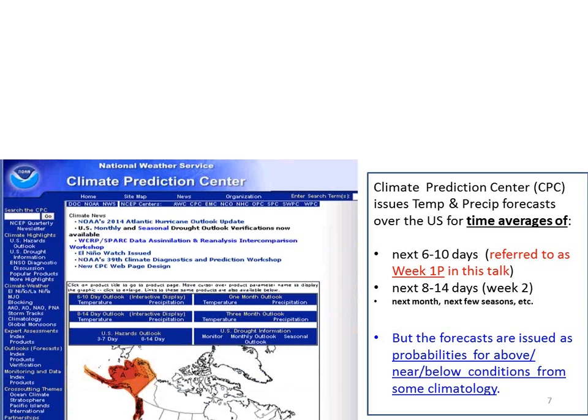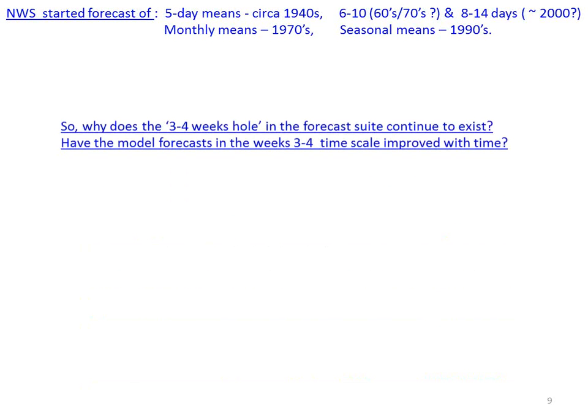So what's the dilemma here? NWS started forecasts of 5-day means in the 1940s, and then they started issuing the forecast for 6 to 10 days and 8 to 14 days around 2000. Monthly means they have been doing since the 70s, seasonal means since the 90s. So why does the week 3 to 4 hole in the forecast continue to exist?